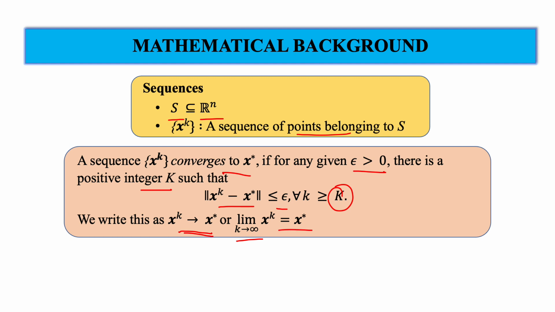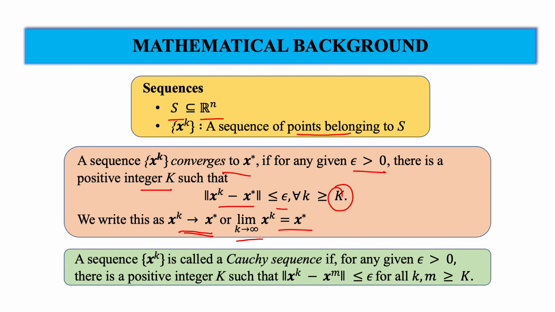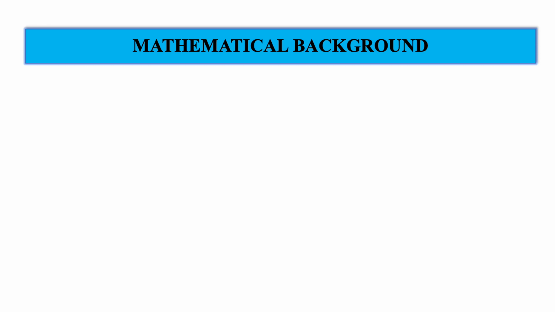So we can write xk tends to x star, or limit of k tends to infinity of xk is equal to x star. And a sequence is called a Cauchy sequence if for any given epsilon there is a positive integer k such that if you take any 2 points of that sequence beyond k, then the distance between them is at most epsilon.